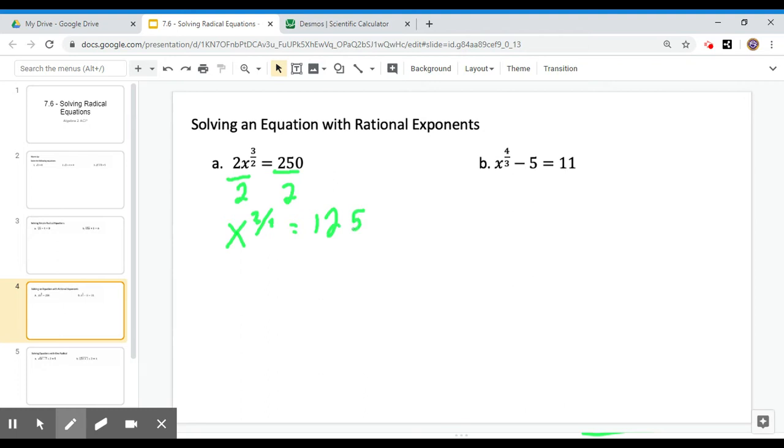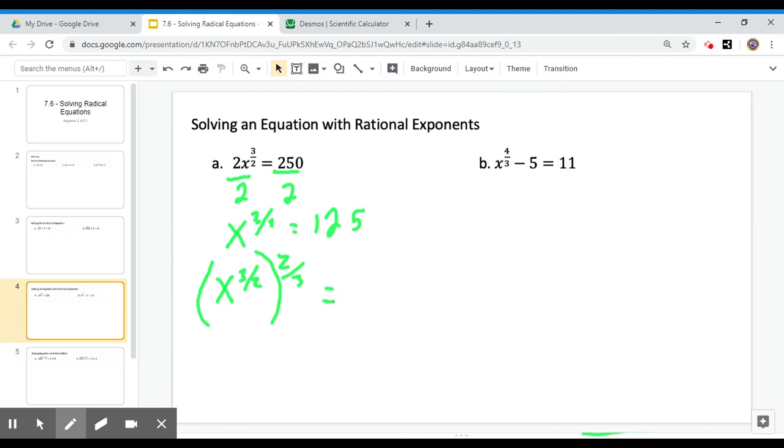Okay. And so now we need to remember how to undo a fraction. The way we undo a fraction is by multiplying by the reciprocal. That same idea applies here. We're going to raise this to the reciprocal power, because when we distribute this 2/3 to the 3/2, they're going to equal 1 because they're reciprocals of each other.